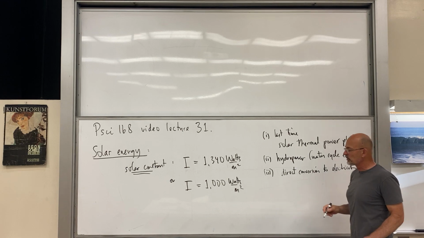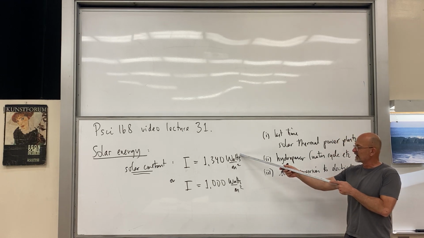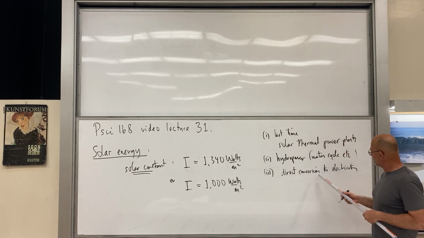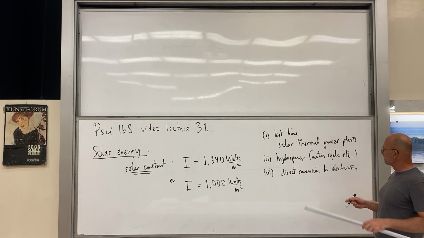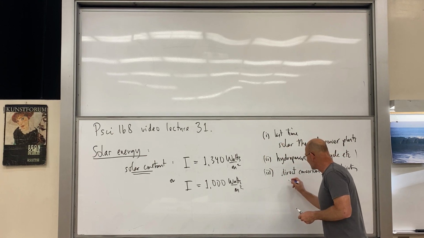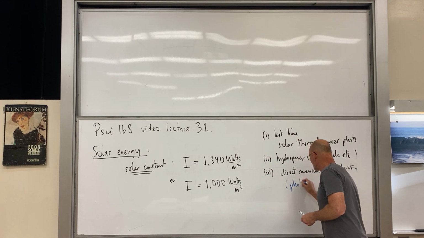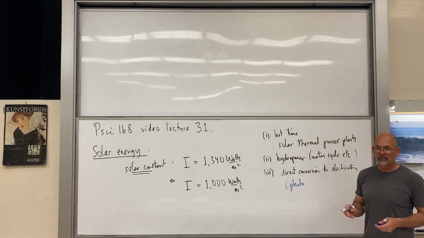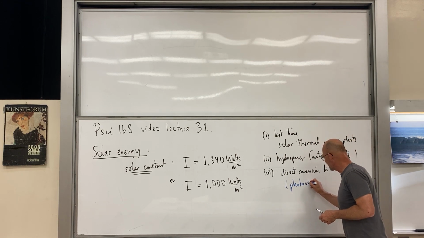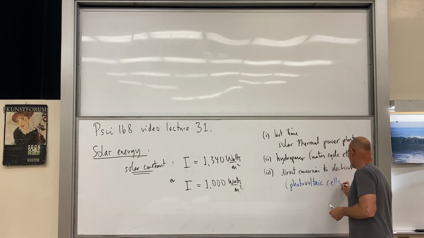But of course, at this point, we know that watts just refers to power regardless of whether it's mechanical or electrical or what have you. So direct conversion to electricity, that's going to be called the photovoltaic cell. Those are the things that people are putting on their rooftops pretty frequently nowadays. Okay, so photovoltaic cells.